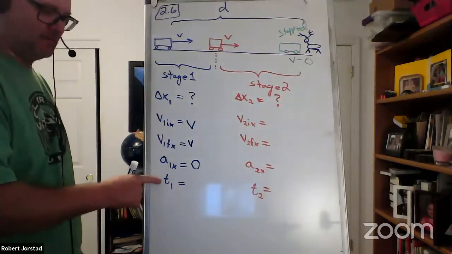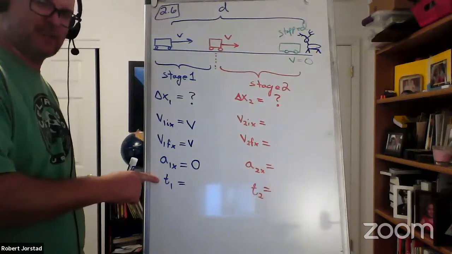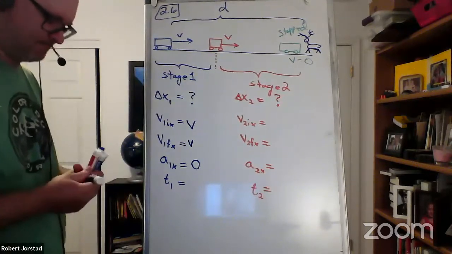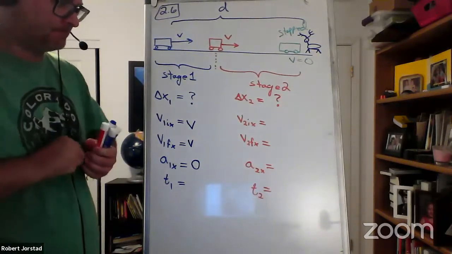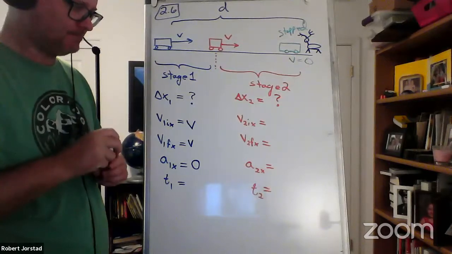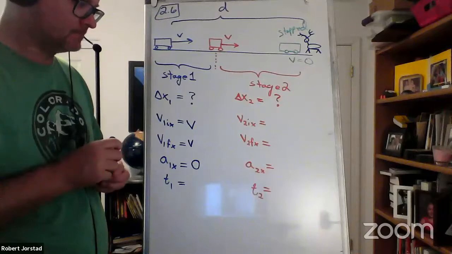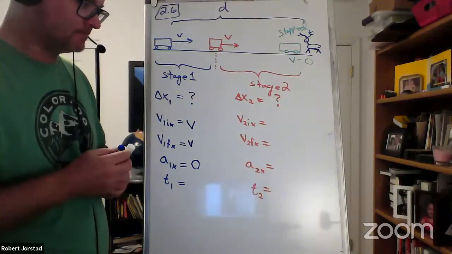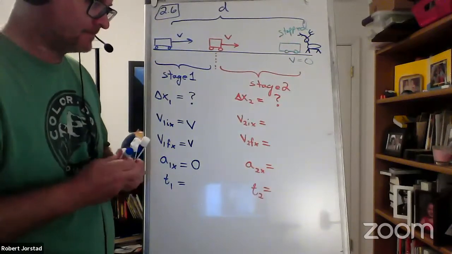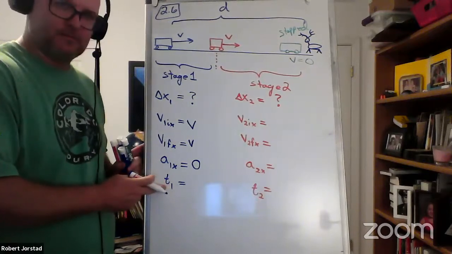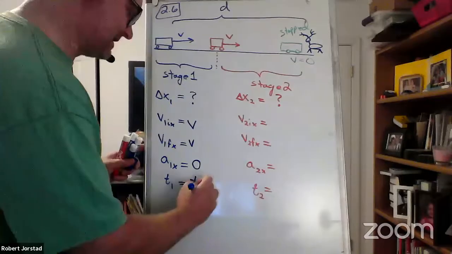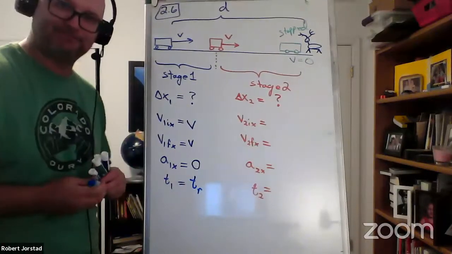What's the time for stage 1? Do we know that, or is that not known? What do you think? It is TR. And so that is something that we supposedly know.